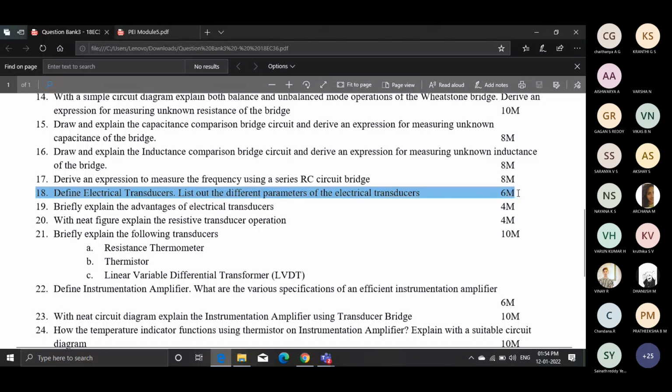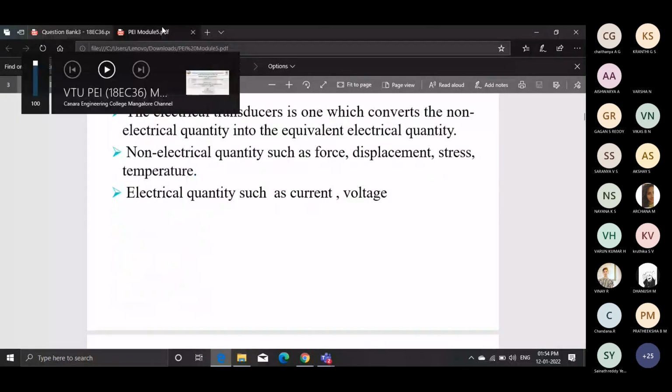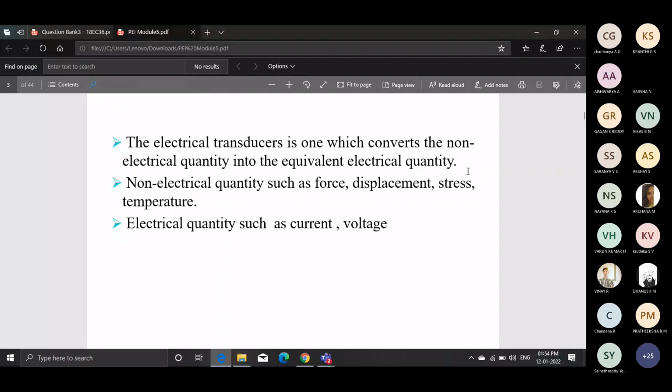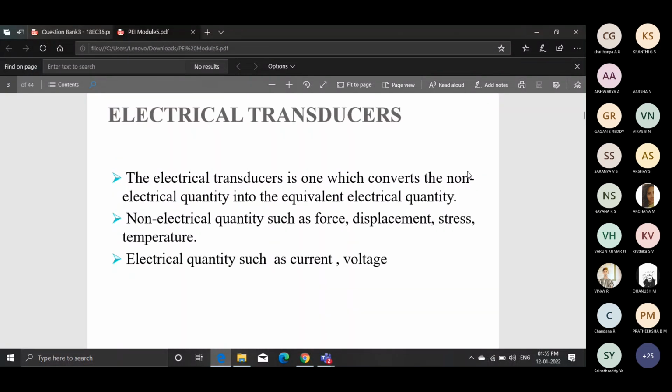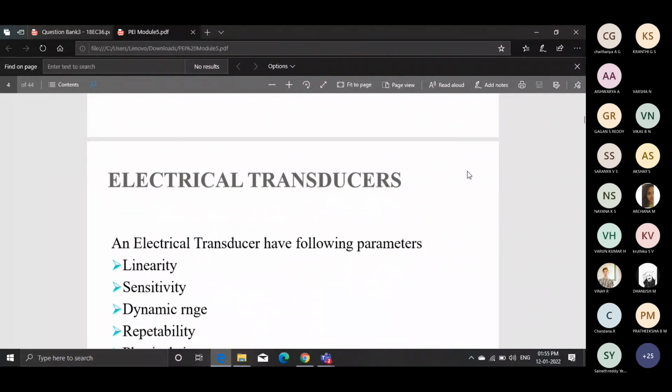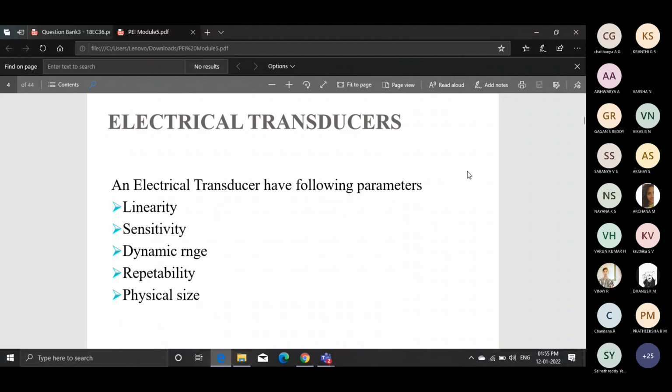For this, there are two slides. This is the first slide. This slide has to be written neatly, and you have to explain that one. Next one is the parameters. This will fetch you minimum marks.